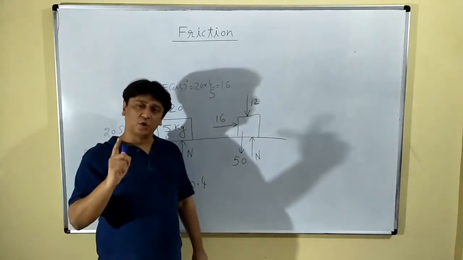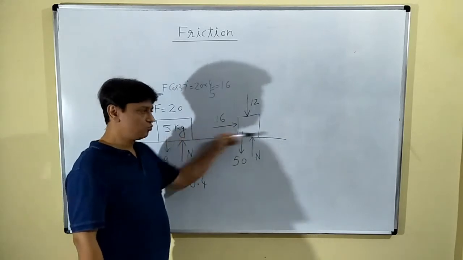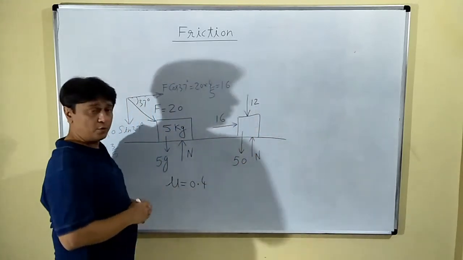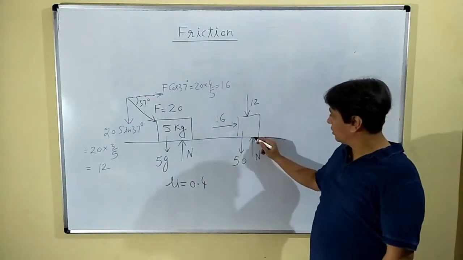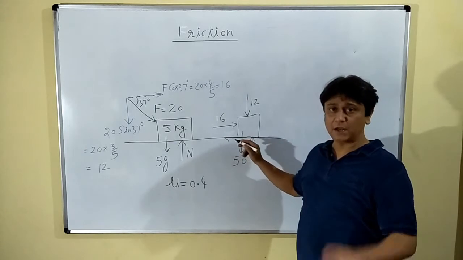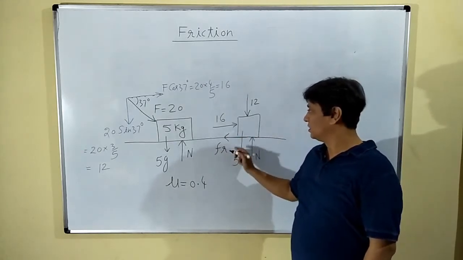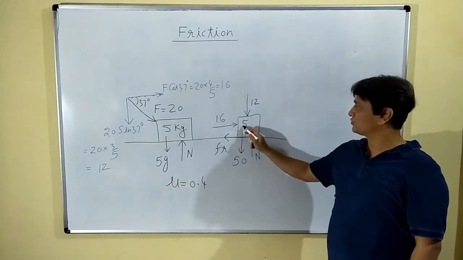But if it will move, it will move in this direction only. And therefore, to oppose this motion, or more correctly, relative motion, friction will act in this direction. That's the direction of friction, which is acting on this 5 kg body.